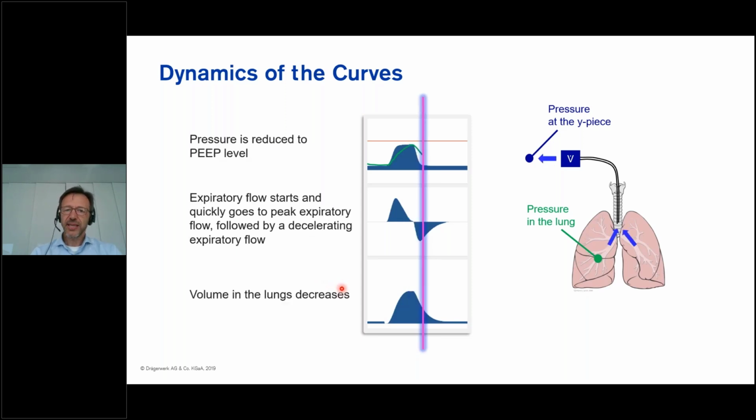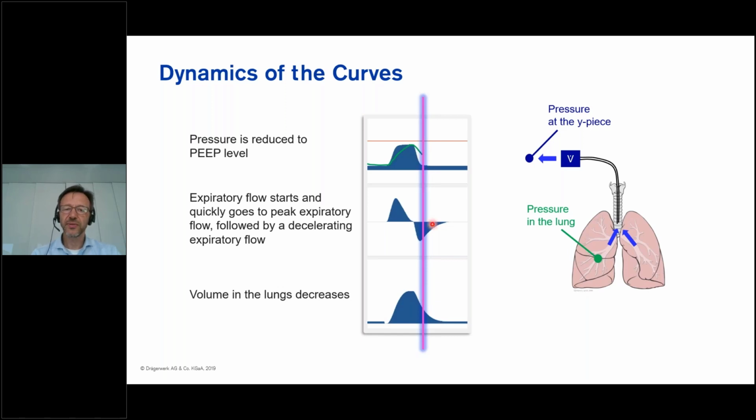So the next step in our cycle is now in the middle of the expiration. Here we see that the expiratory flow has started with a peak and is now decelerating down back to the 0 line. And we see the pressure at the Y-piece quickly reduced to the PEEP level. However, the pressure in the lung is not at PEEP because the lung simply needs time to equilibrate to this new pressure.